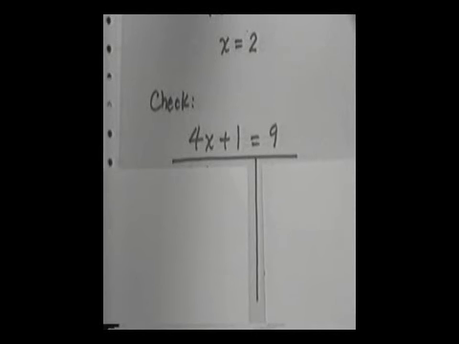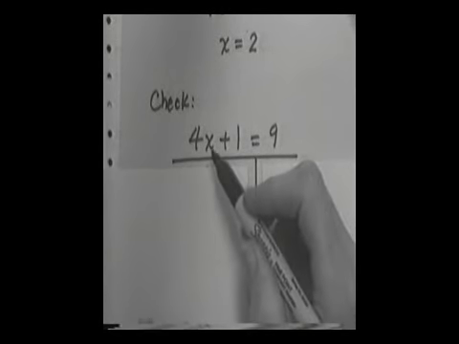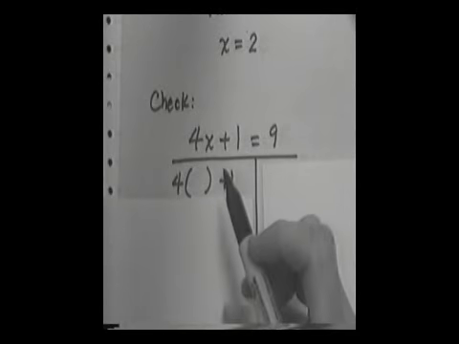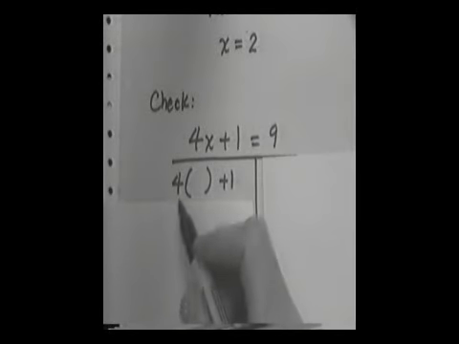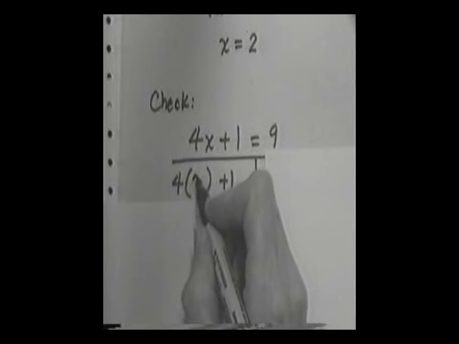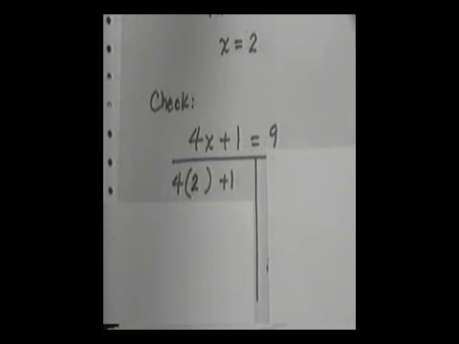On the left side, the x is the variable that will be replaced by a set of parentheses to receive our possible solution. The possible solution is 2, and so we have 4 times the parentheses plus 1, which becomes 4 times 2 plus 1. On the right-hand side of the wall, we write just 9.